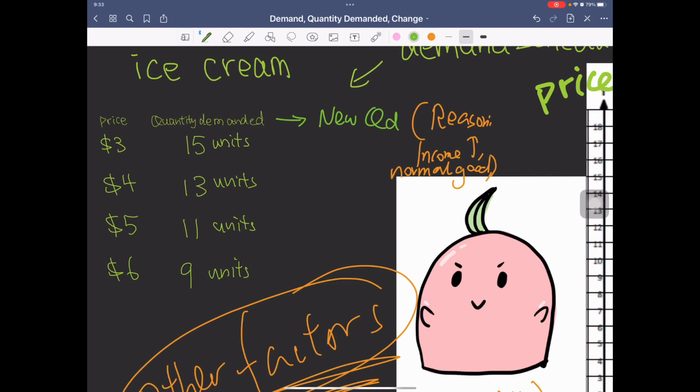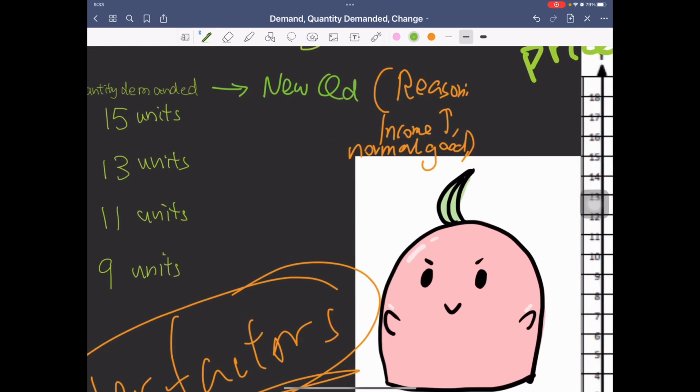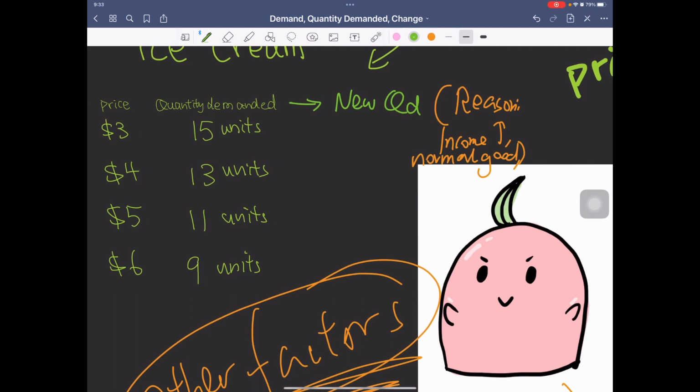So I will increase the quantity demanded by, let's say, 1 unit for every given price, because I'm richer, so I'm more willing and more able to buy more ice cream.